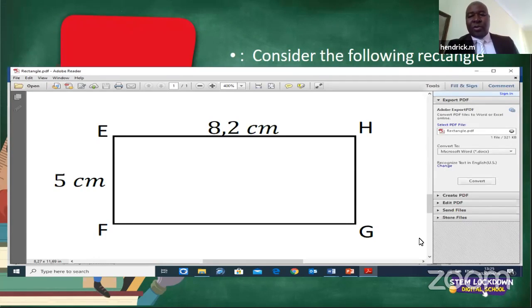Yes. That's correct. You are correct, Dorika. And you add 8,2 plus 8,2, which will give you 16,4. And of course, 5 plus 5 gives you 10. And you say the answer that you got is 26,4, I believe. Yes, sir. Yes, that is the correct answer there.